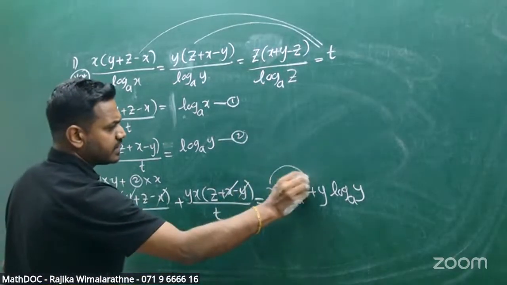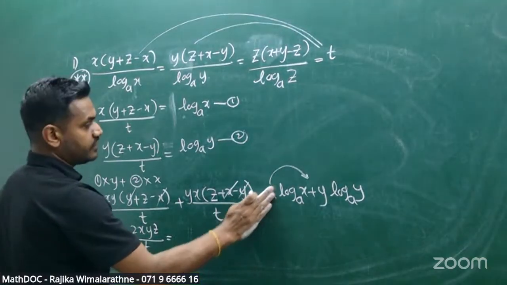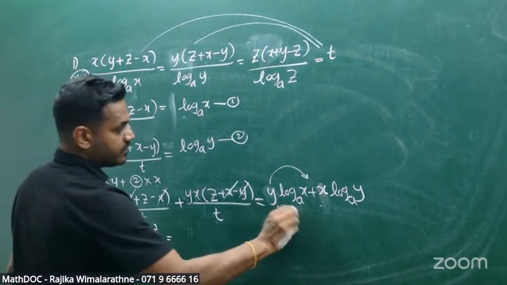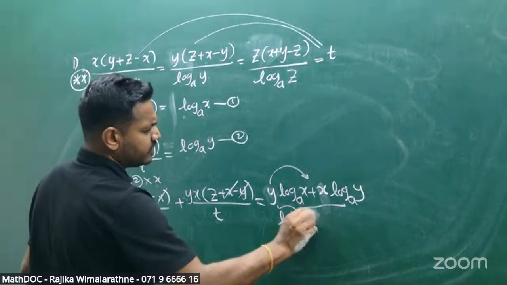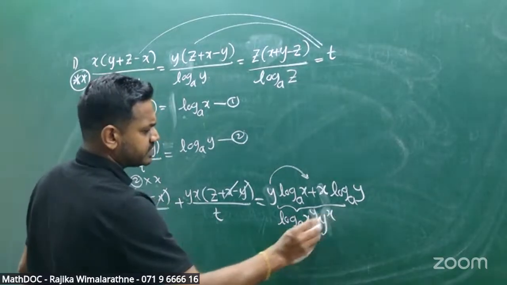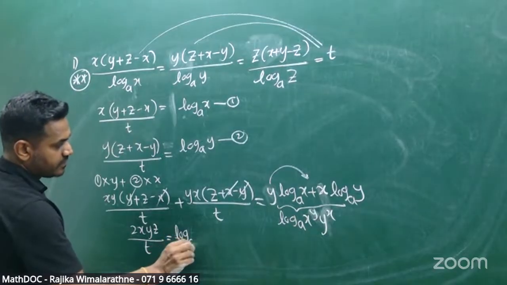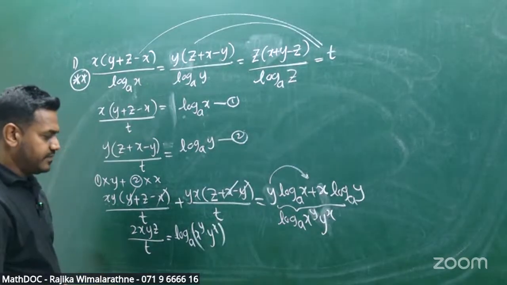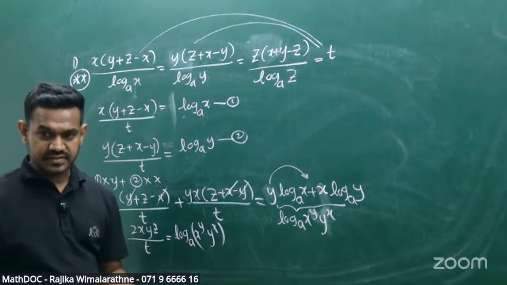Then here x log a base x, y log a base y. Here addition is like product, no? See, here 2xyz over t equals log a base x to the power y times y to the power x.